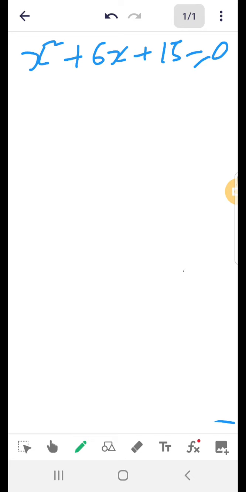You find that you cannot find those two numbers, because the two numbers that multiply to give 15 are 3 and 5. 3 times 5 is 15, but 3 plus 5 gives us 8. Even if you say negative 3, negative 3 plus 5 is going to give you something else.